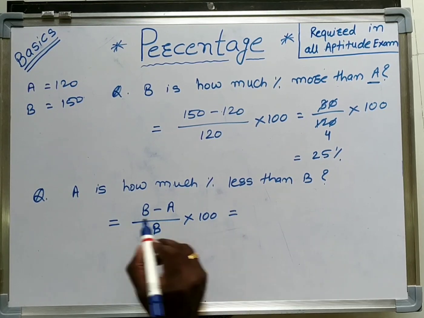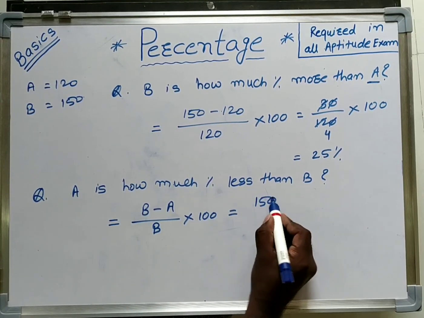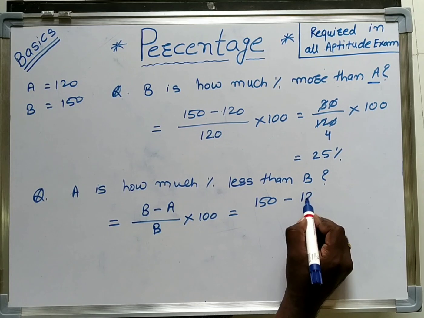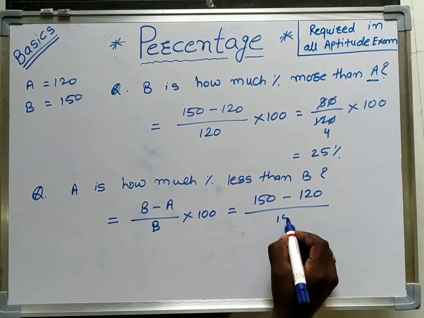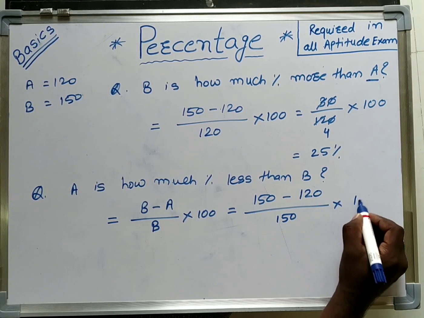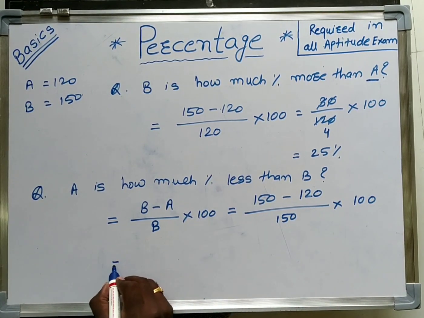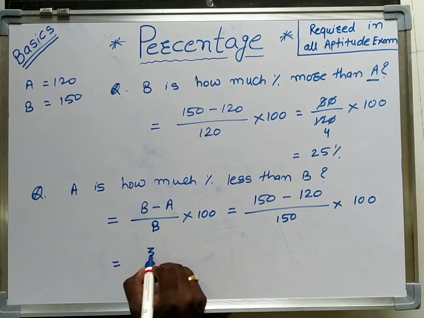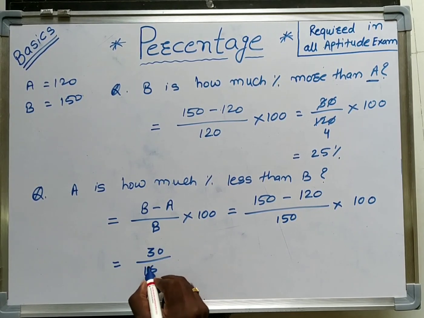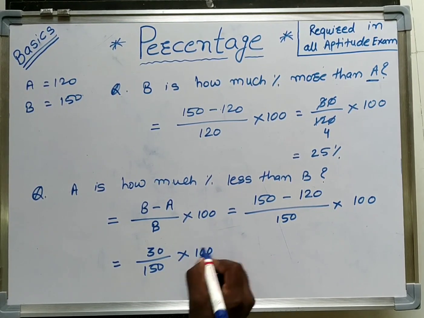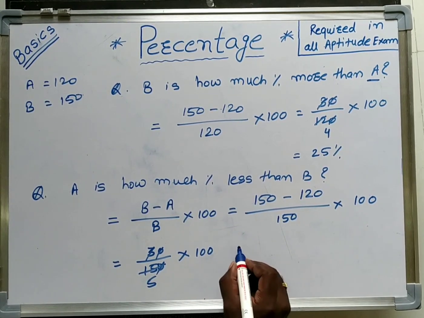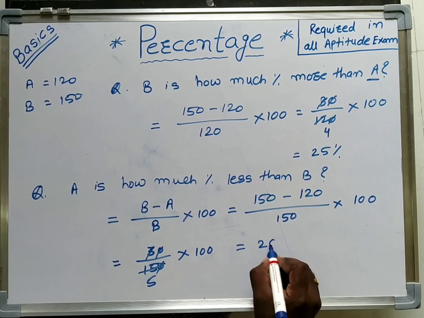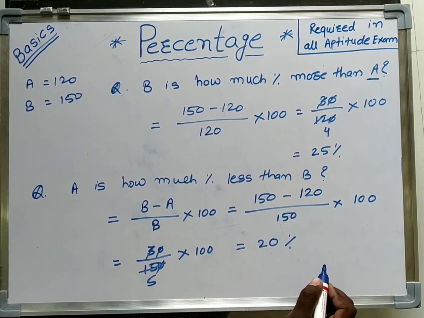B is 150 minus A, which is 120, divided by B, which is 150, multiplied by 100. So 150 minus 120 is 30, divided by 150 multiplied by 100. The zeros cancel, 3 5s are 15 and 5 2s are 10, 5 zeros are 50, that is 20%.